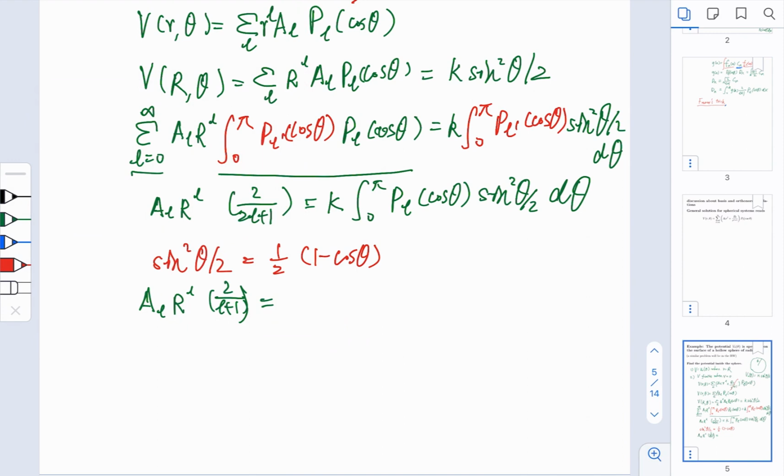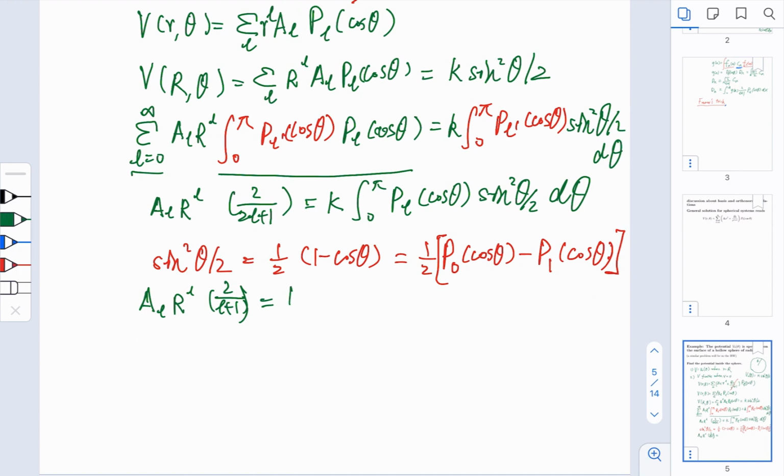Okay, so let's go back. So this is simply 1/2 P0 minus P1. Because remember that P naught of cosine theta is simply 1, and the P1 of cosine theta is cosine theta. There is a process here.